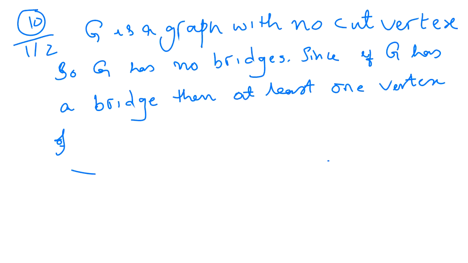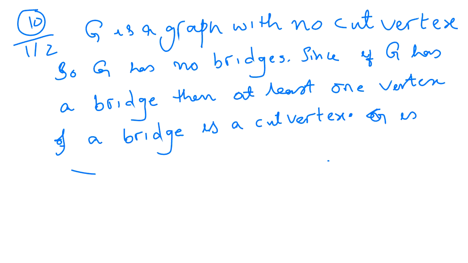One vertex of a bridge is a cut vertex. So what we can say is G is a connected graph with no cut vertex.